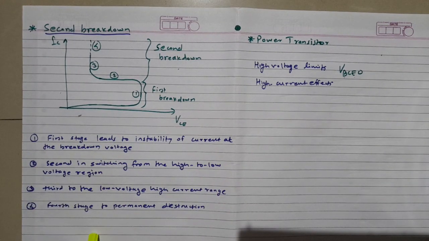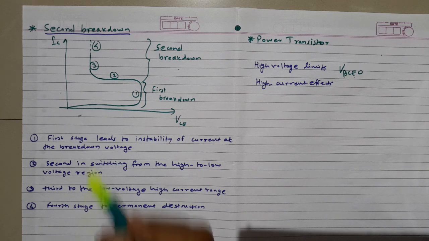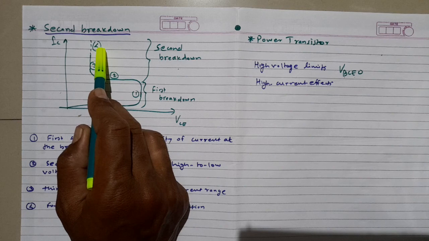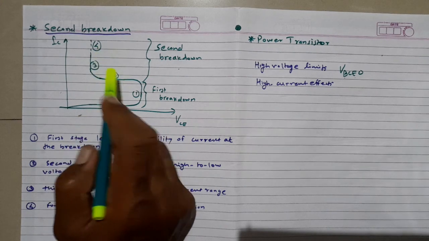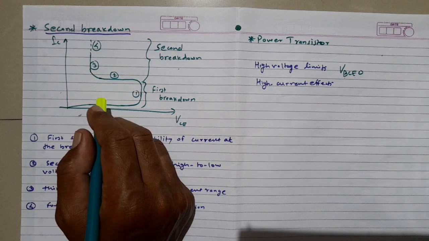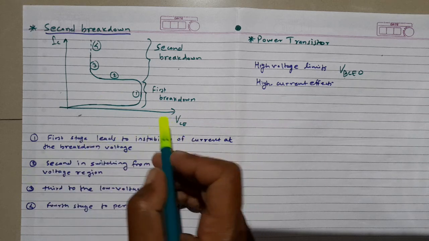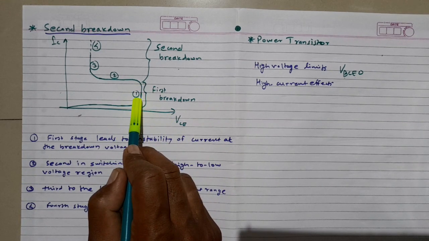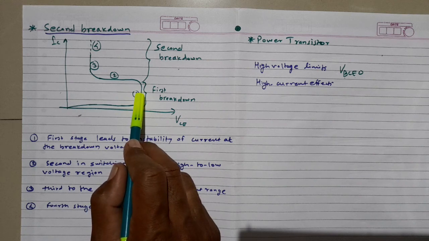These stages occur further, and complete destruction of the transistor happens after the fourth stage. After the instabilities, the transistor becomes unstable and the voltage collapses across the junction.